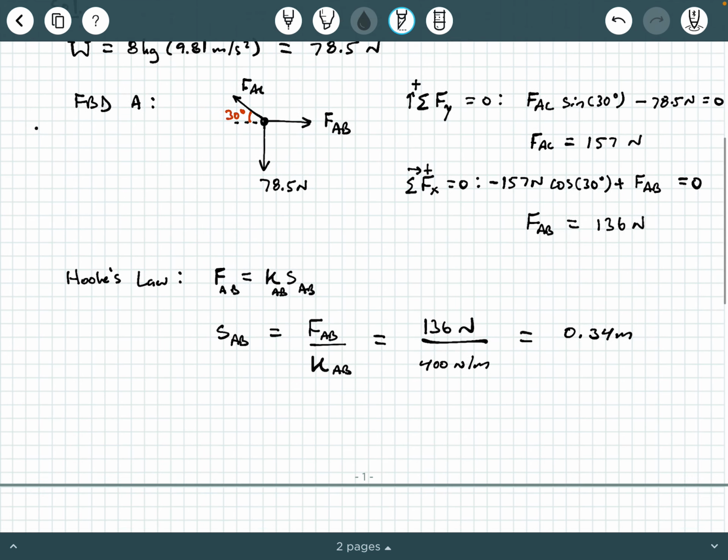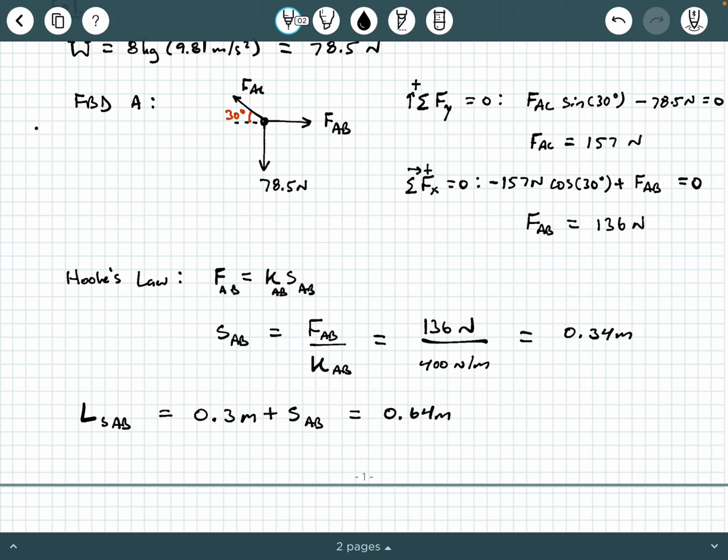So all we have to do is say that the stretched length of AB, which I'm going to call L_S,AB, is going to be equal to that unstretched length, 0.3 meters that we were given, plus the amount it stretches, S_AB, okay? And so when you put that together, you get about 0.64 meters. So that's the new length of AB after it has been stretched, okay?